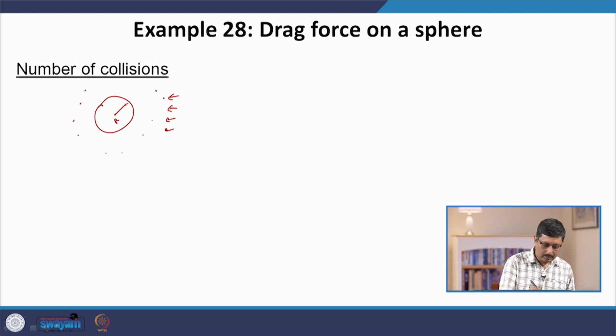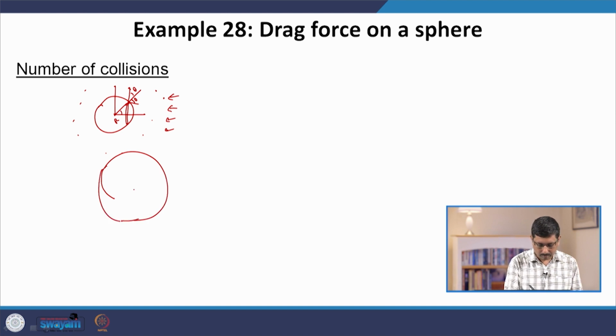So, let us say at this angle theta, what is the surface? You need to calculate this surface area. So, let us make a bigger picture. The number of particles that are hitting this ring.